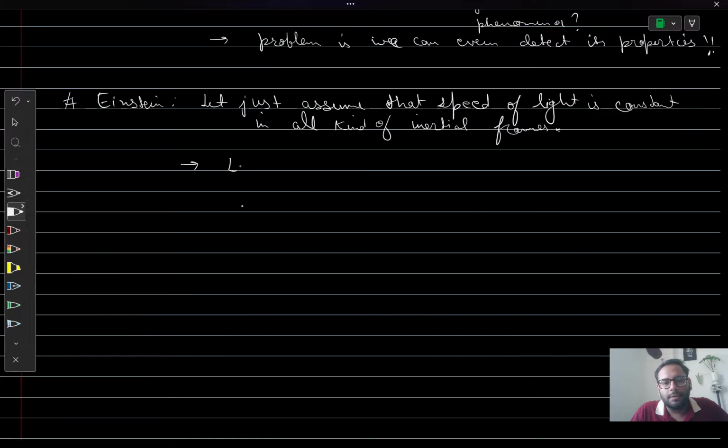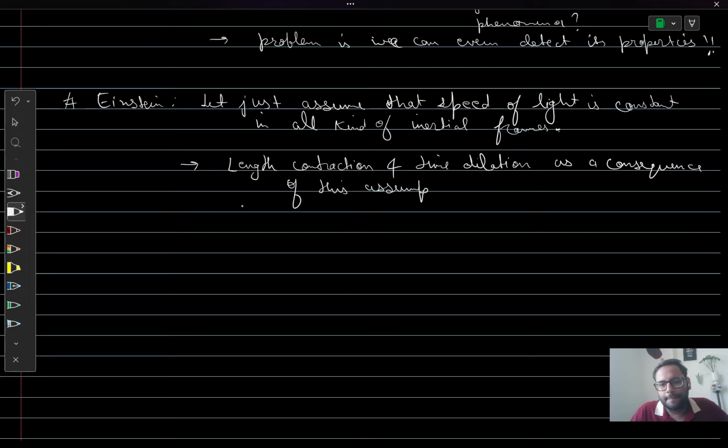length contraction and time dilation will also occur in his theory, but as a consequence of this assumption, that is the constancy of speed of light.